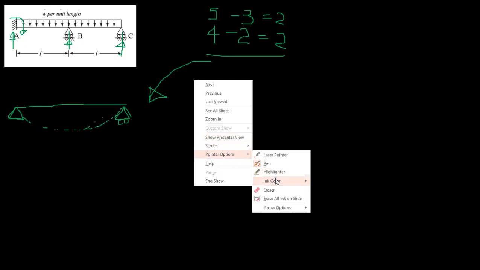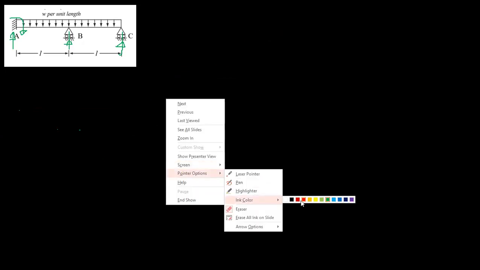Let's see. I'll take the redundants as BB and MA. So we have to determine the sign convention, right? Our sign convention is clockwise positive, and upward forces and displacements positive. Clockwise rotations are also positive.